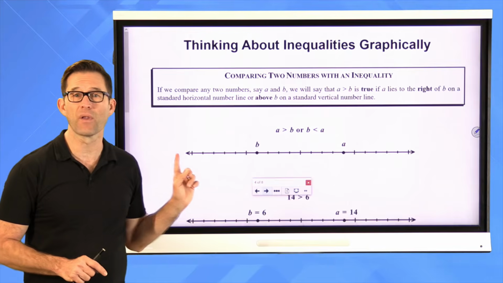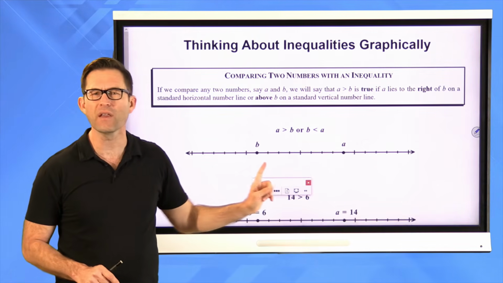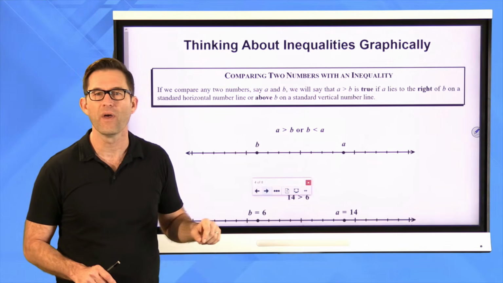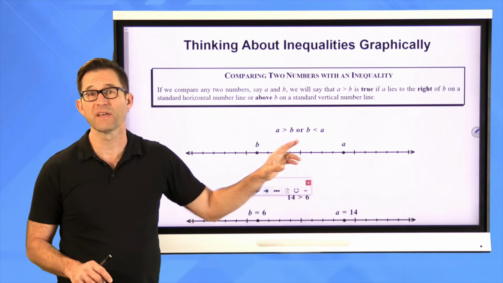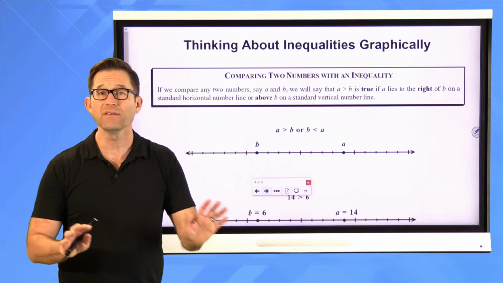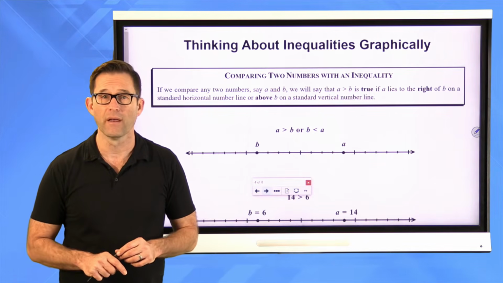So if I had some number line like this, with absolutely nothing labeled, I don't know whether these are negatives, positives, or some of both, then I could say that A is greater than B, or I could say that B is less than A. Those are the same statements. A is greater than B because A lies to the right of B on the number line. That's it.